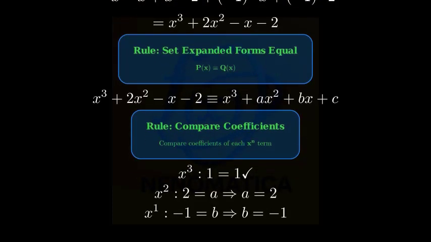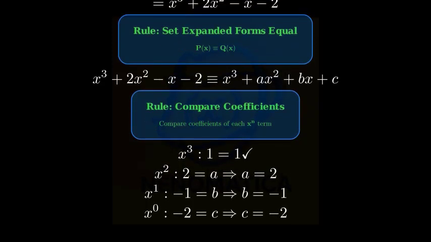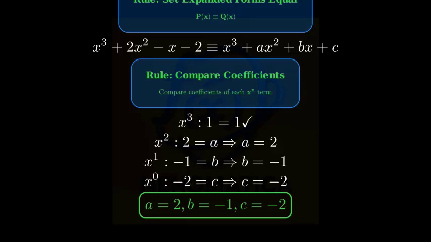For the coefficient of x, we have negative 1 equals b, so b equals negative 1. For the constant term, we have negative 2 equals c, so c equals negative 2. Therefore, the solution to our second example is a equals 2, b equals negative 1, and c equals negative 2. With these values, the two polynomials will be identical.